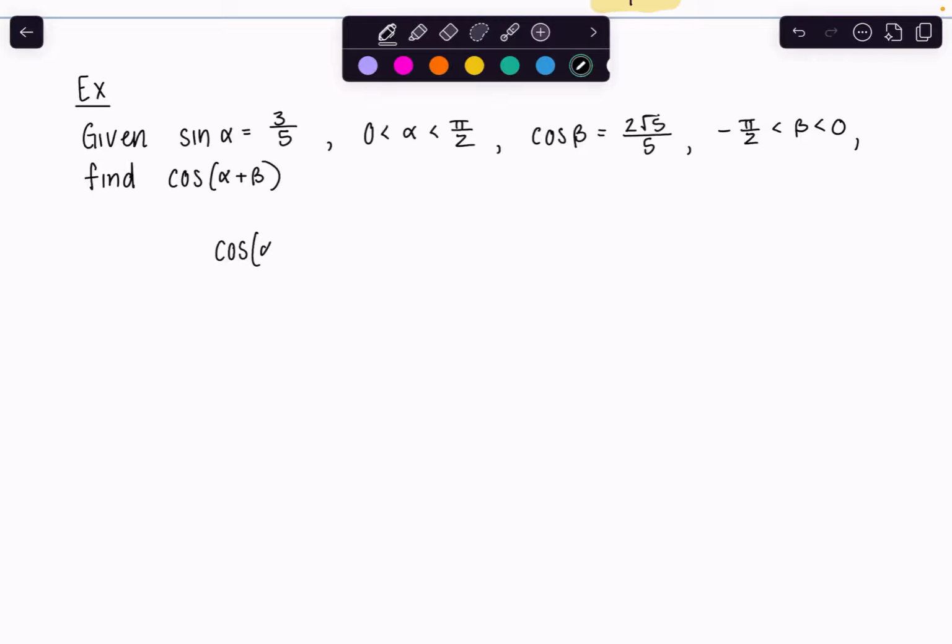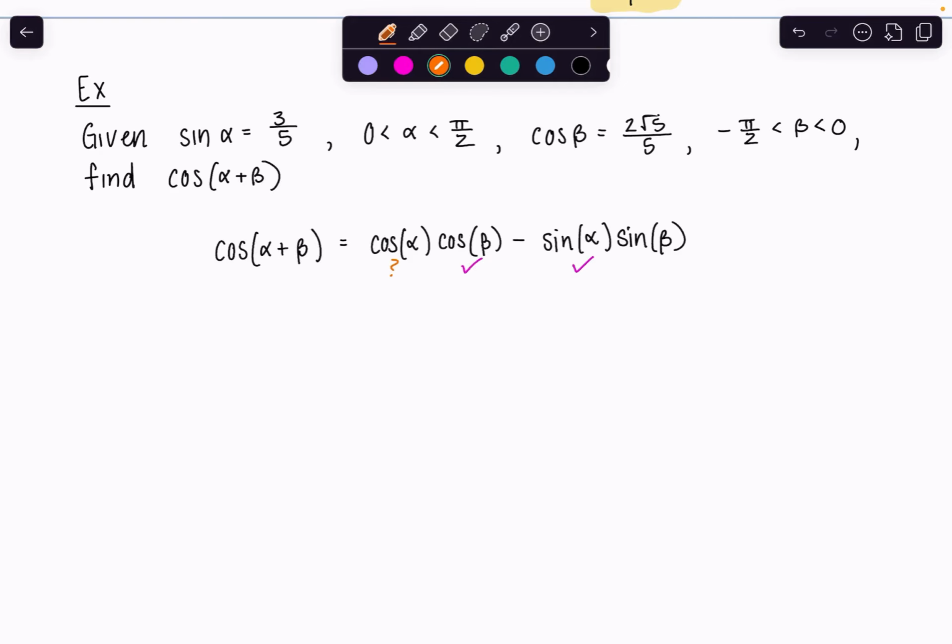So if I look at my formula, when I take cosine of the sum of two angles, you get cosine of alpha, cosine of beta, so the same function. Then you're going to get the opposite sign. And then we get sine of alpha, sine of beta. With what's given to us, we know cosine of beta and we know sine of alpha.